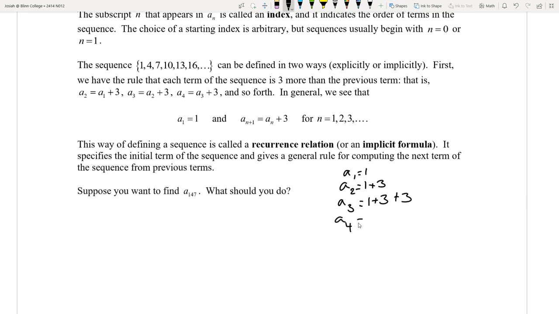A sub 4 is 1 plus 3 plus 3 plus 3 once more. And we can keep going until we're confident that we have a good pattern here. All right, so in any case, we have 1 plus a number of 3's all added together. So we can turn this into some sort of multiple.